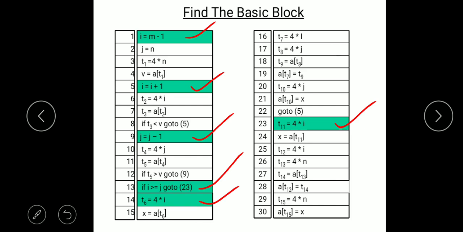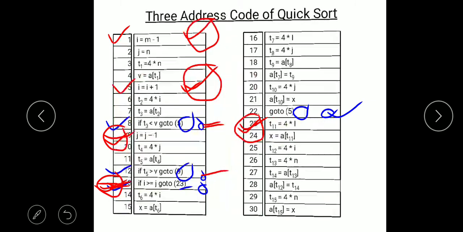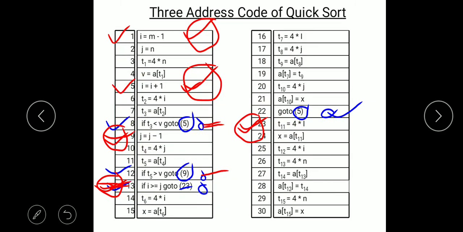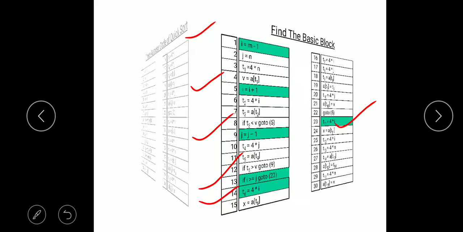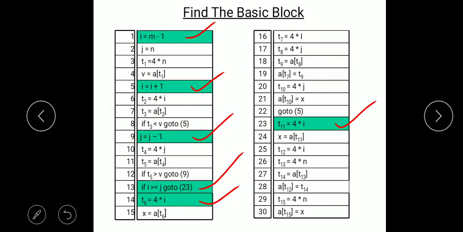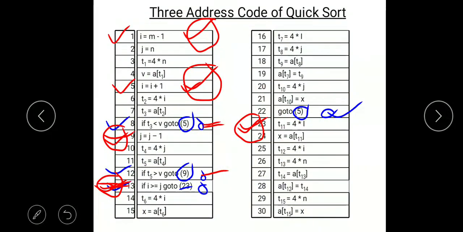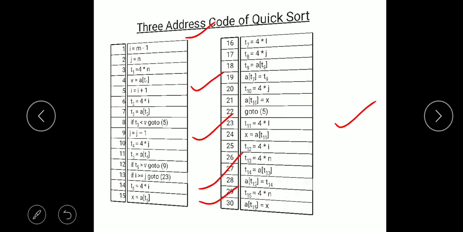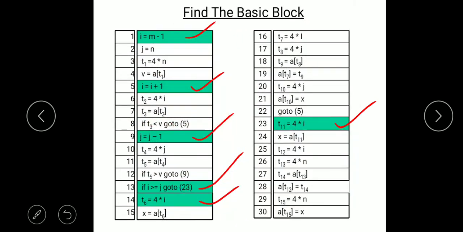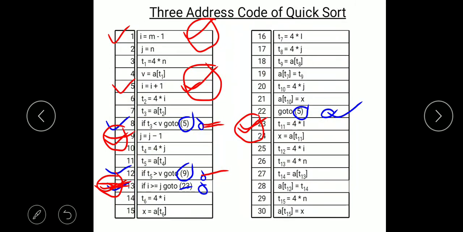One more leader statement. Which one? This one. This one also would be a leader statement.